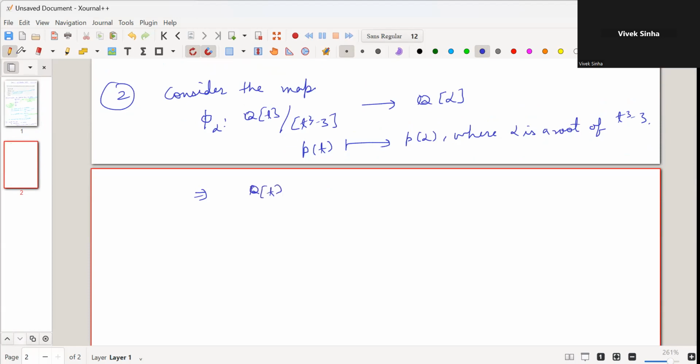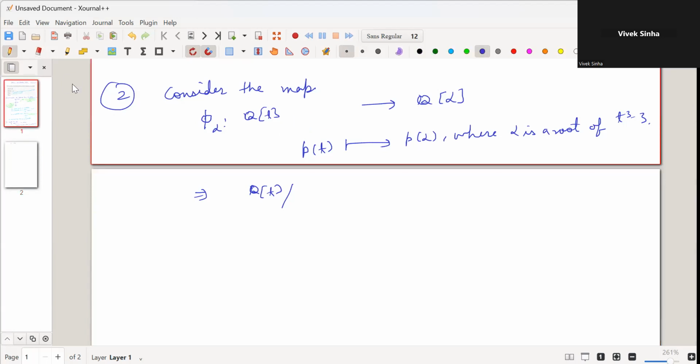So what is the kernel of this map? The kernel of this map will be all polynomials for which alpha is a root. So this will be generated by this only. I think this also we can remove.